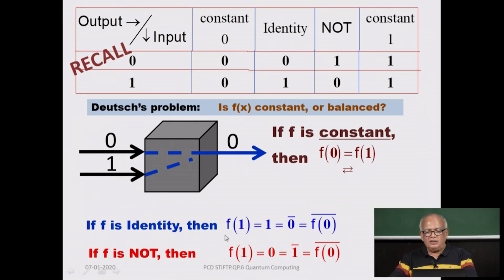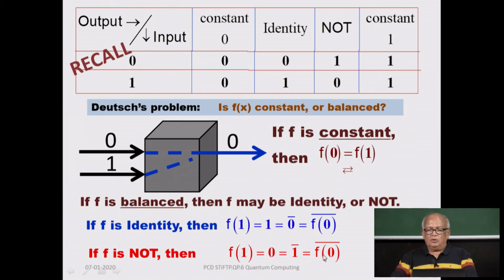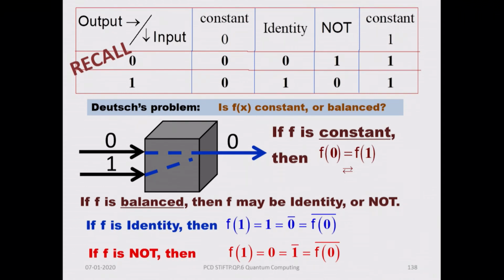And if f is not, then you have this result, then f of 1 is equal to 0, which is the opposite of 1, which will be the opposite of f0, right. So, if f is balanced, then f may be either identity or not, and we have analyzed these 2 cases. If f is constant, of course, then f0 is equal to f1. Okay.